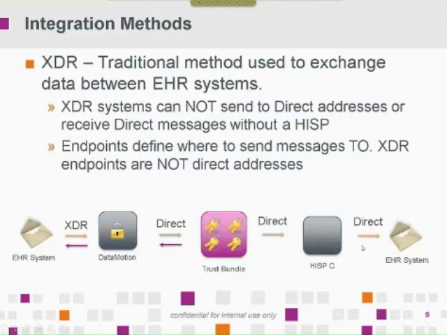Because of the already established relationships of trust bundles, direct messaging, and so on, HISP-C is then able to open that message and deliver it to where it needs to go. This is an example of DataMotion doing the processing for you, converting from a legacy system into the direct protocol.